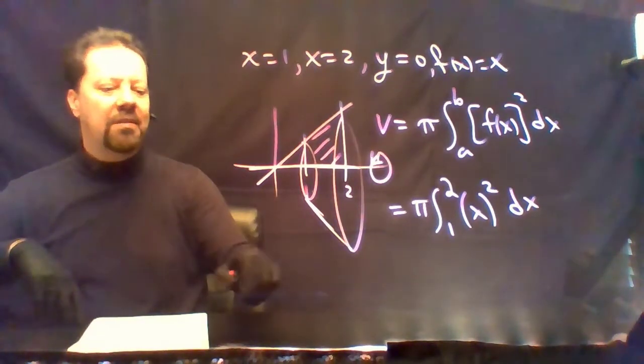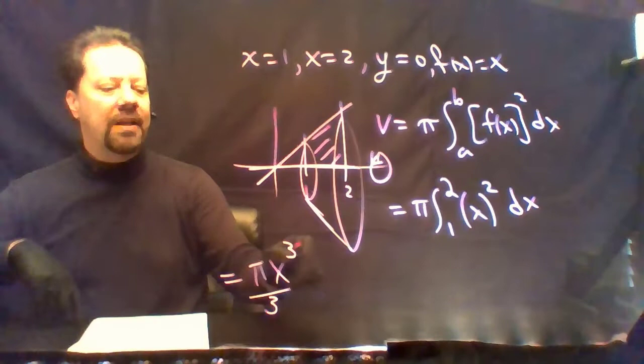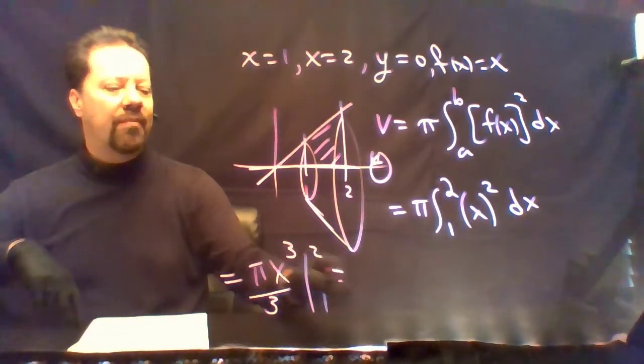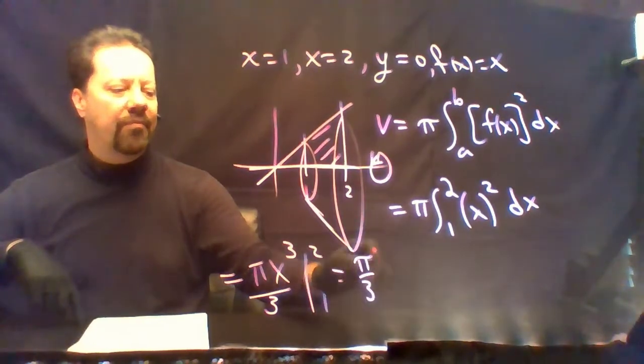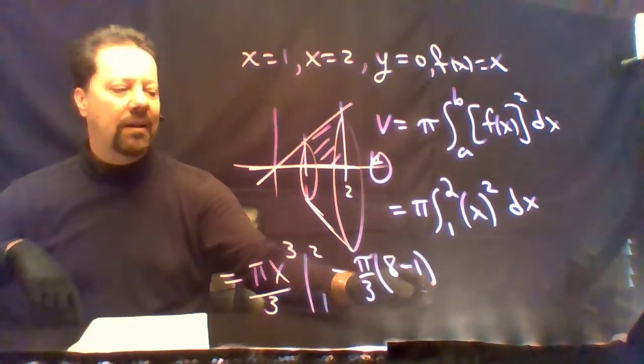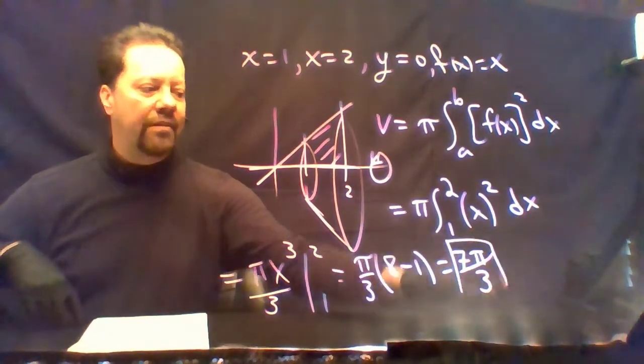Using the fundamental theorem of calculus, that's pi x cubed over 3 evaluated from 1 to 2. Leaving the pi over 3 out of this, that's going to be pi over 3 times 8 minus 1, or 7 pi over 3.